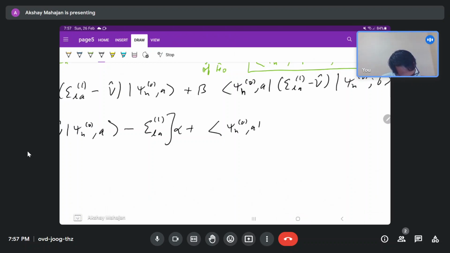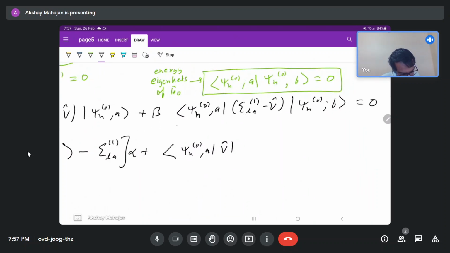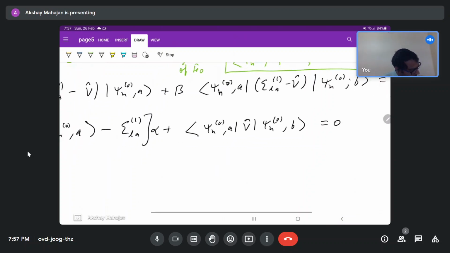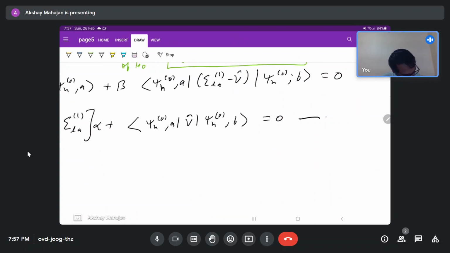Psi n of 0 of a, we get V cap, and this will come out, and psi n of 0 of a with psi n of 0 of b is equal to 0, so that will give you 0. I skipped a little step, so we will get this thing. Let us say this will be our equation, some E1 equation.